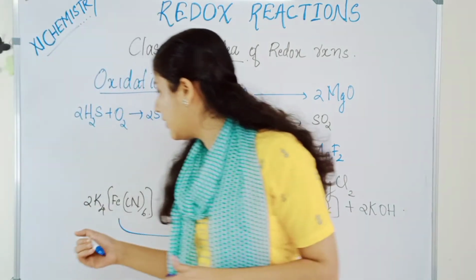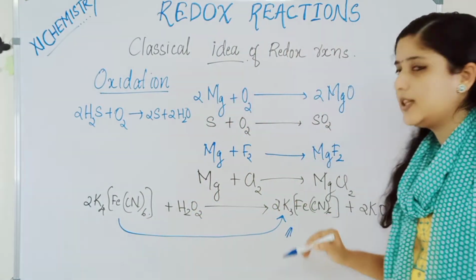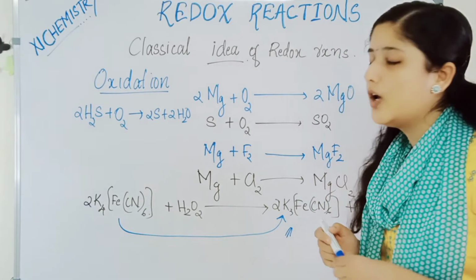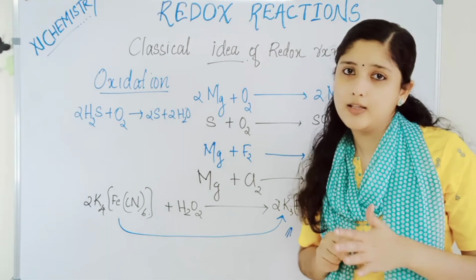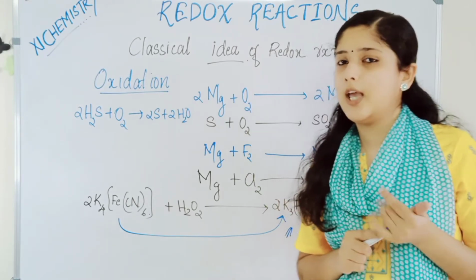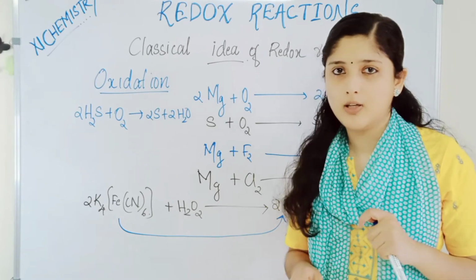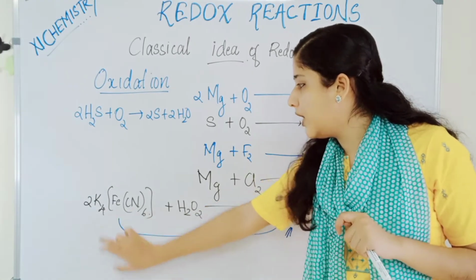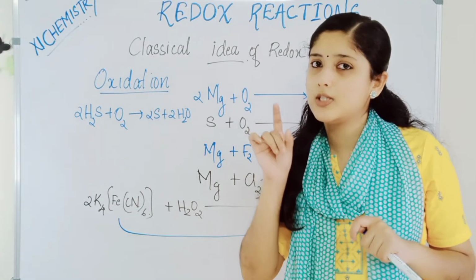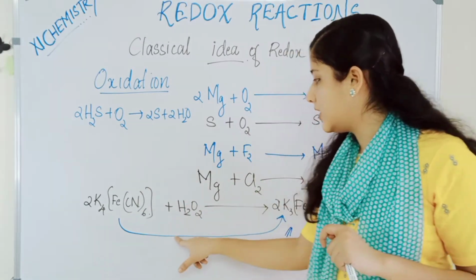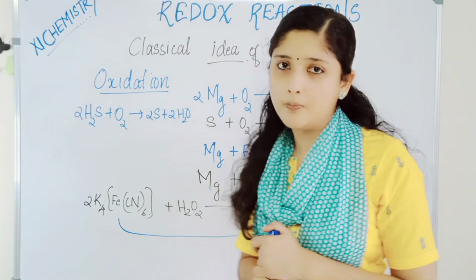Here potassium is removed from K4 to K3FeCN6. So removal of an electropositive element is what? Oxidation. Potassium, alkali and alkaline earth metals are electropositive, isn't it? So we removed one potassium from K4FeCN6. So removal of an electropositive element is also oxidation. So this is also an example for oxidation reaction.